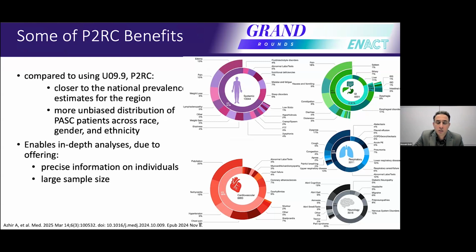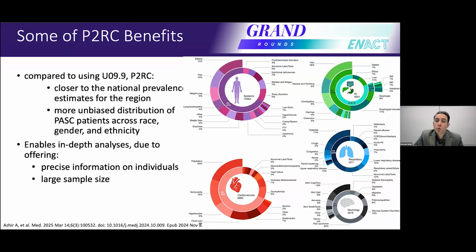One of the biggest benefits we've seen with P2RC is how much it improves accuracy and representativeness compared to applying a standard long COVID diagnosis code, which is U09.9, to identify a cohort. We identified over 24,000 patients within the MGB population with potential long COVID.